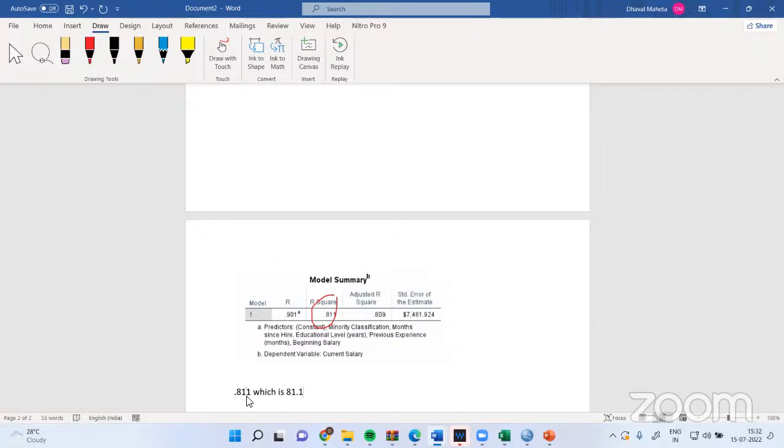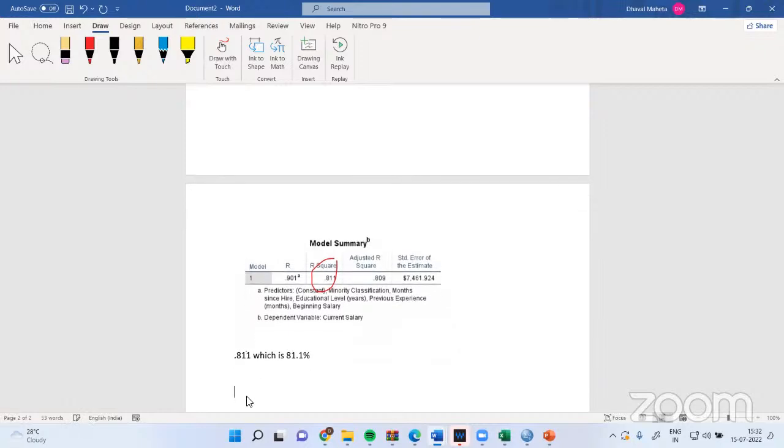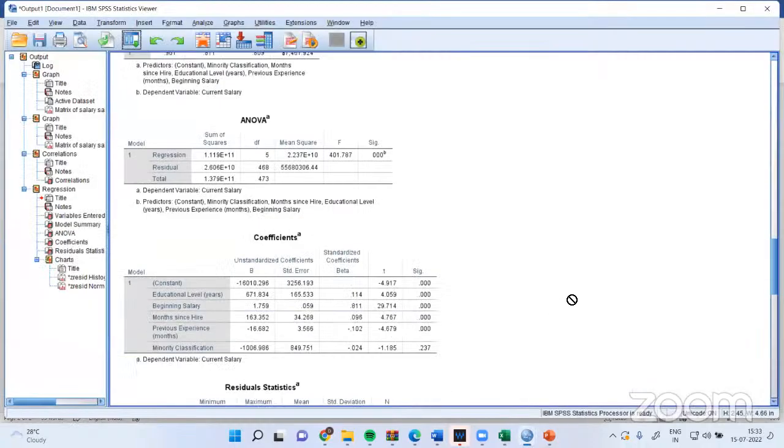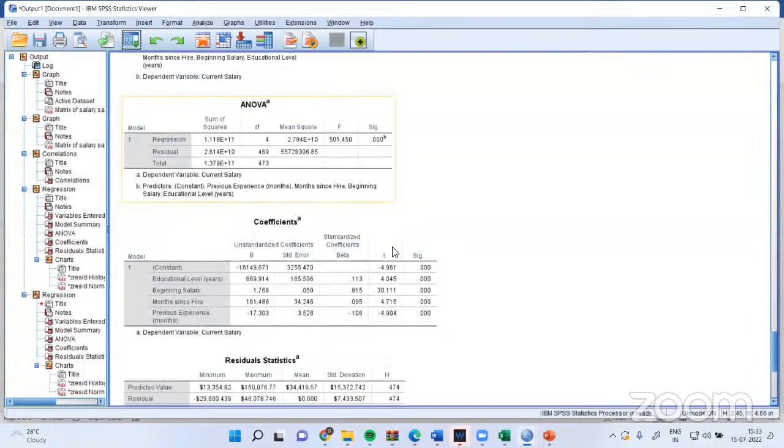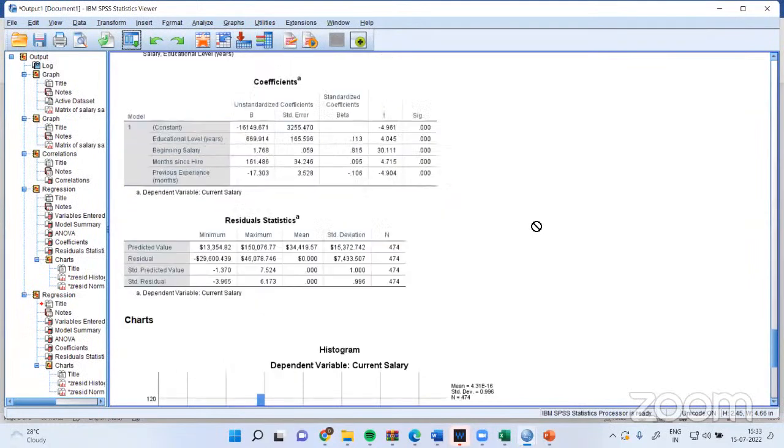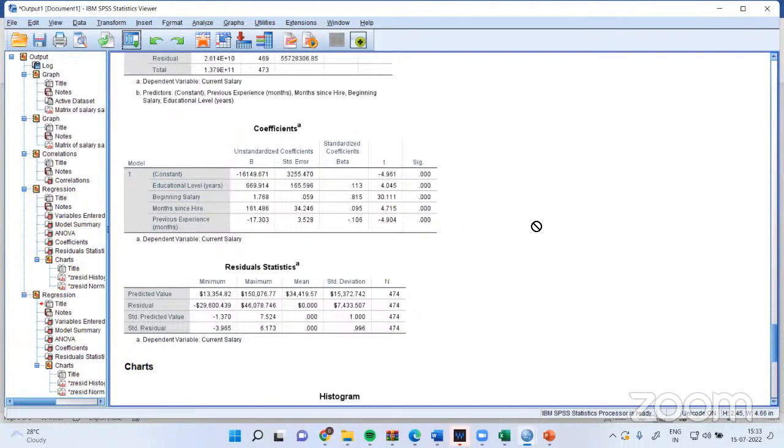Quite good. Right? But there is only one thing which is wrong, and that is in the model. What is wrong? Minority. Minority is there. So go into linear regression again, remove the minority and run the model again.